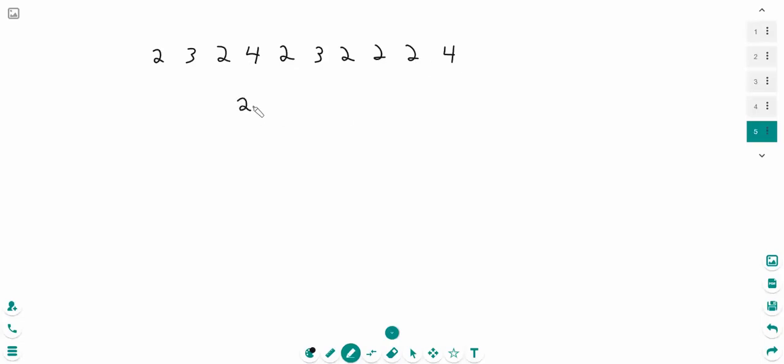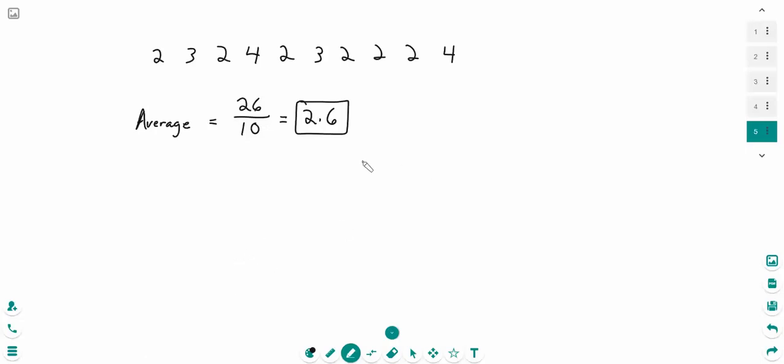So we have 26 in total, if we add them all up. And there are 10 numbers. So the average is going to equal 26 divided by 10, which is equal to 2.6. So the average is 2.6.